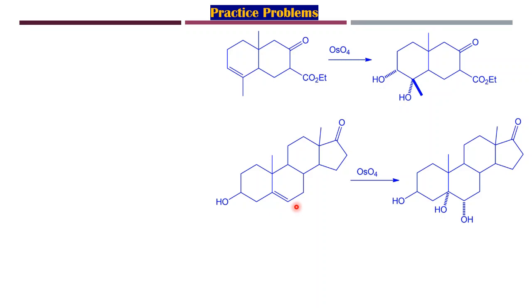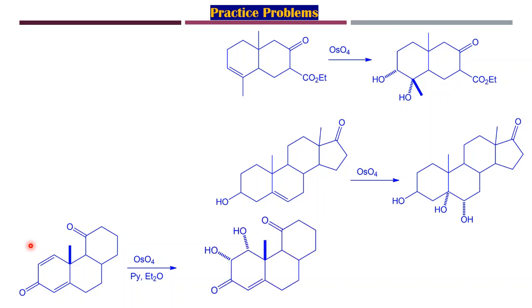The OH groups will be placed downwards. After this two, this is most reactive, and again there is a methyl group over here. So keeping the stereochemistry of this methyl group in mind, these OH groups will be placed downwards.